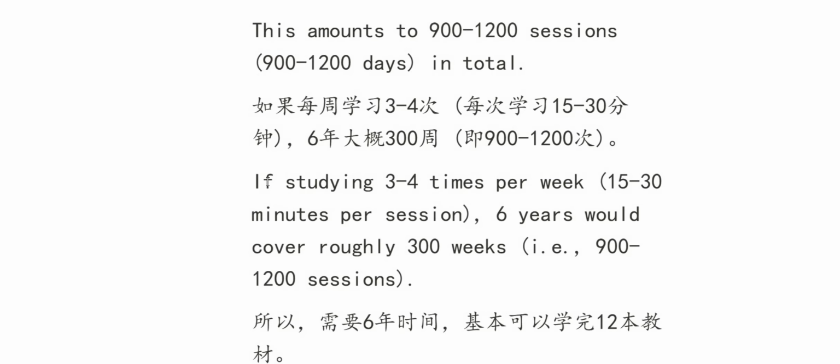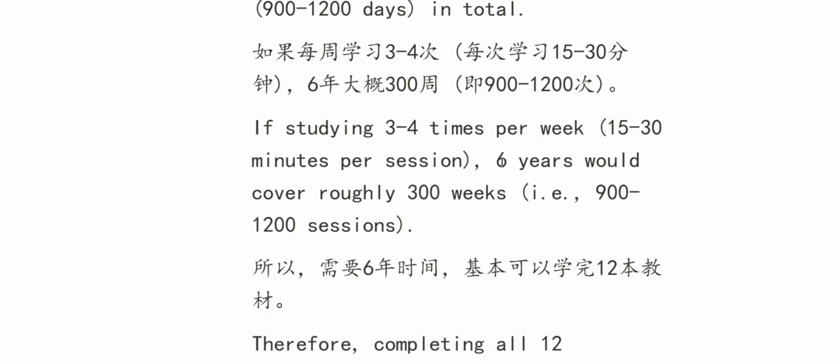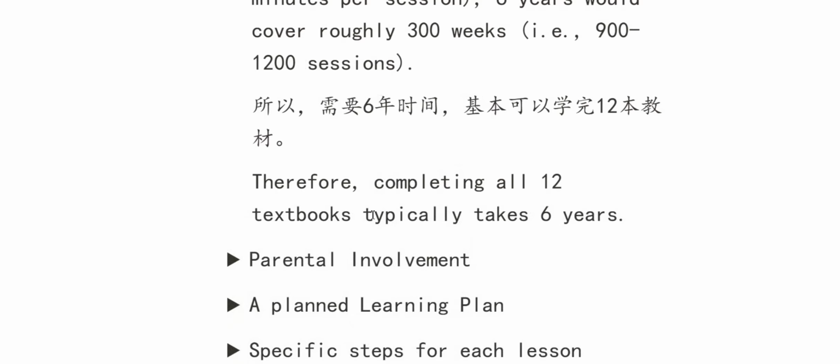If we study 3 to 4 times per week, and each session 15 to 30 minutes, then 6 years would cover roughly 300 weeks. That is 900 to 1,200 sessions.